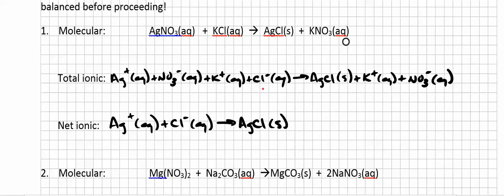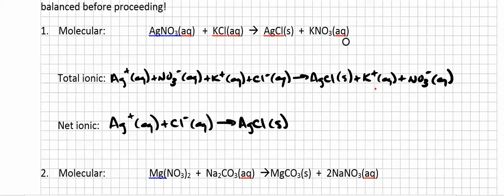Now what's going to happen in the reaction? Ag plus and Cl minus will combine to form a solid. So AgCl is a solid. Again, use your solubility charts to convince yourself that AgCl is indeed a solid.